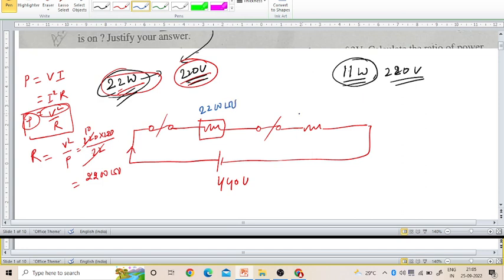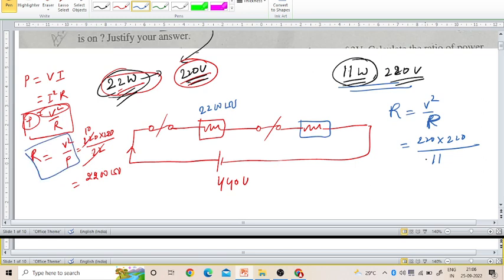So this is the resistance of the first device, 2200 ohm. For the second, we use the same formula, V square by P: 220 into 220 divided by 11, which gives 4400 ohm.